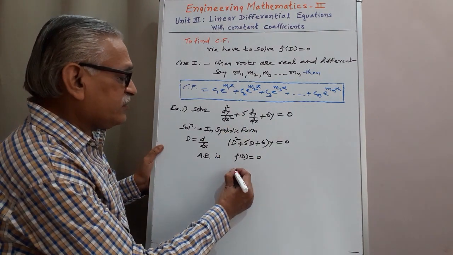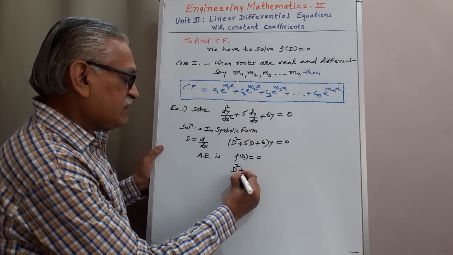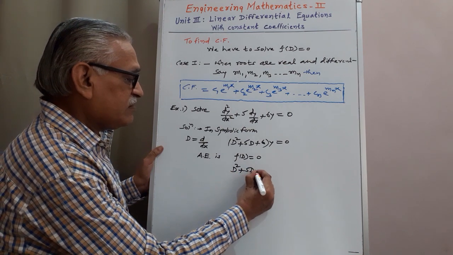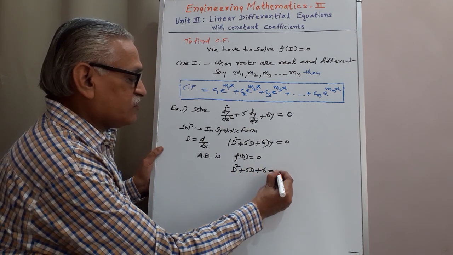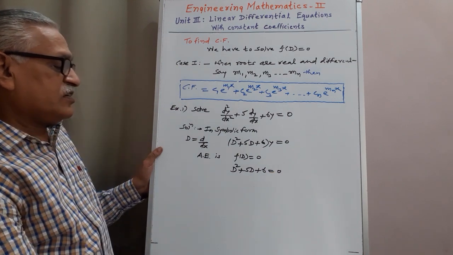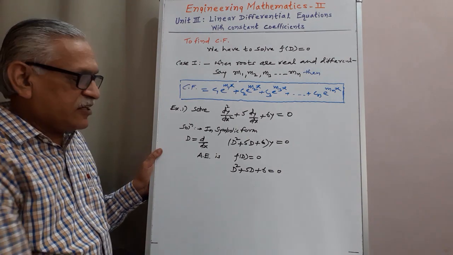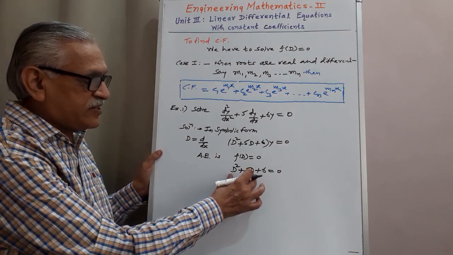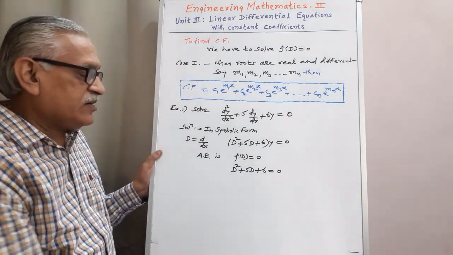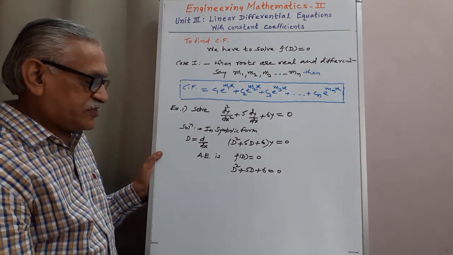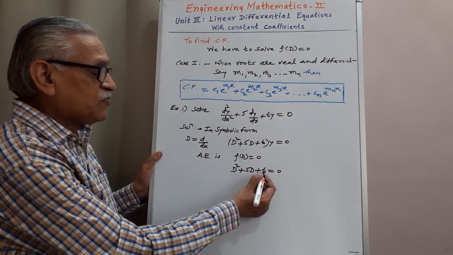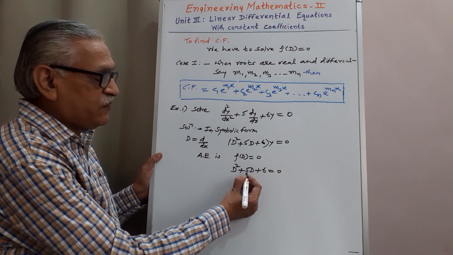Here f of D is D square plus 5D plus 6 equals to 0. Therefore, solving it for D, either by finding the factors or by applying the formula. Here we can obtain the factors of 6, whose product must be 6 and sum must be 5.